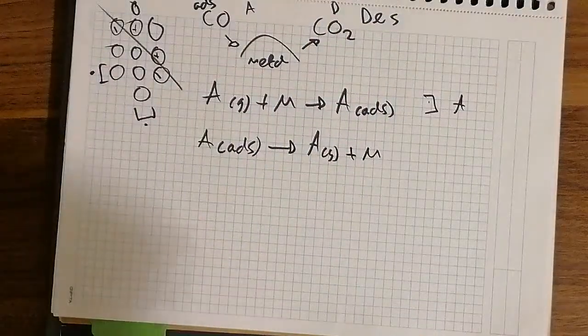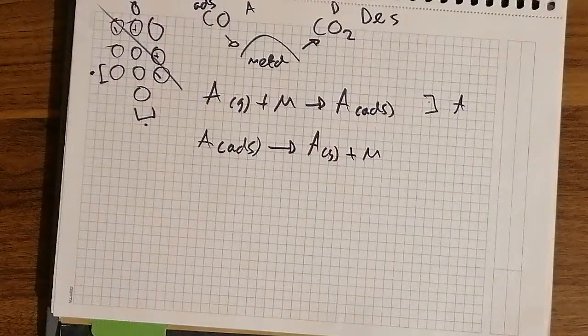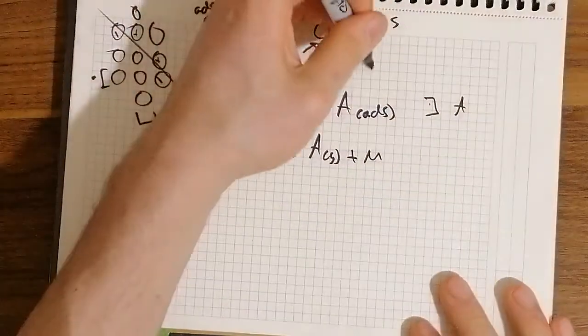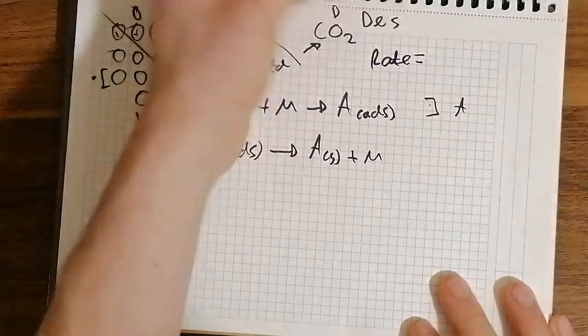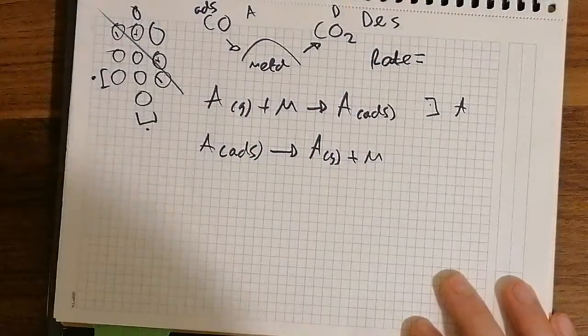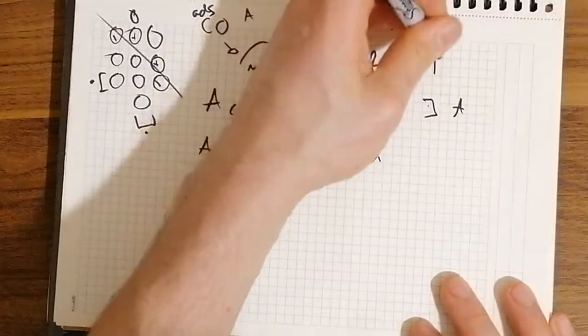Now we need to think about equations. So the rate equation. Remember the general formula for a rate equation, because it's probably a long time since you did A level, you might not even have done A level. So rate equals k.